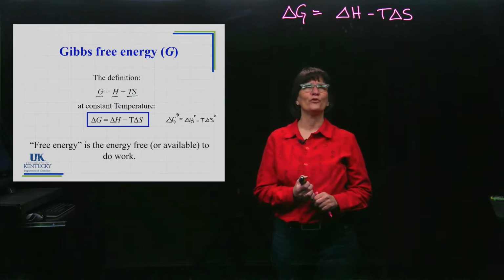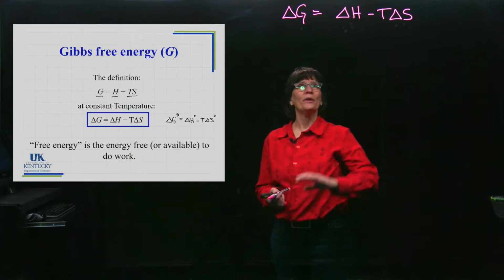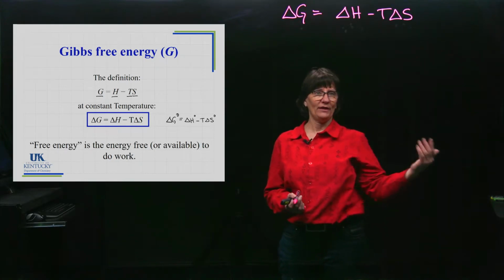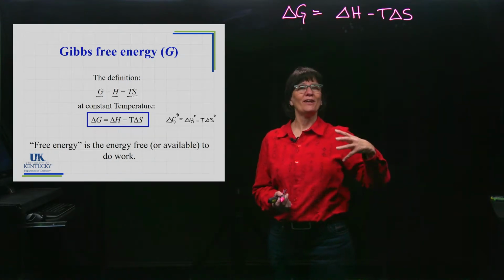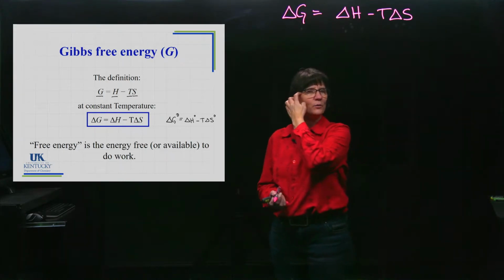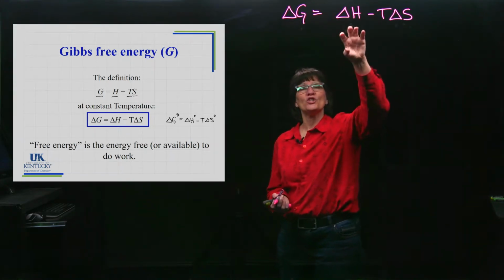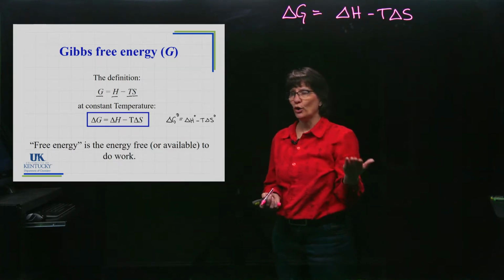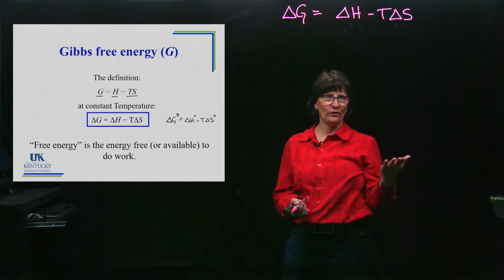Now, why is it called free energy? When a reaction gives off heat, that heat can do work, but not all of it can do something. Some of it has to be reserved for another reason, and we'll talk about that other reason as we go. So it is the portion of this that is free and available to do work, and that's why it's called Gibbs free energy.